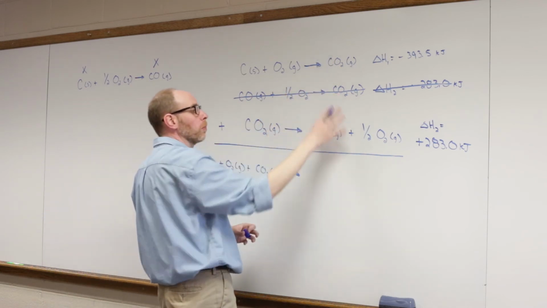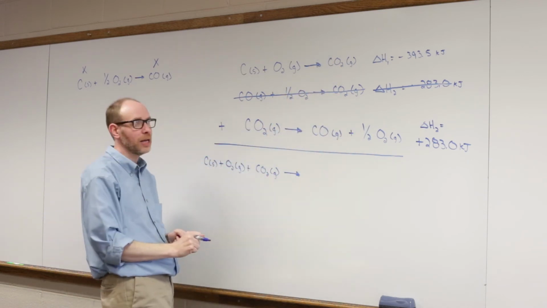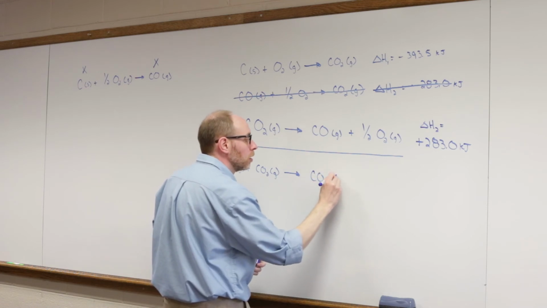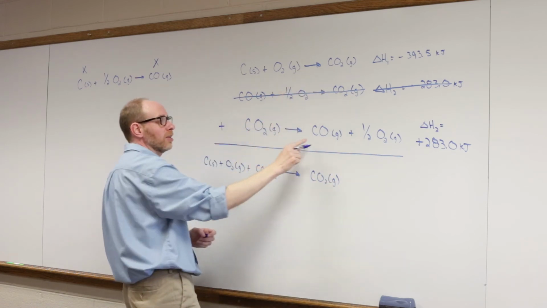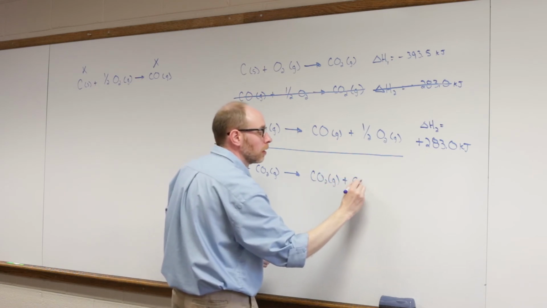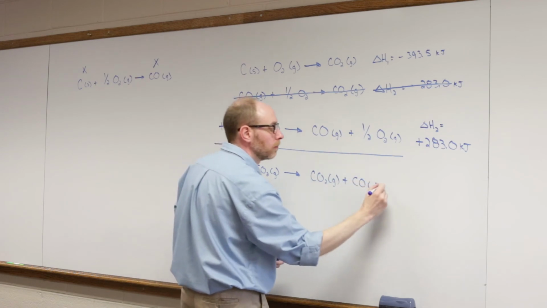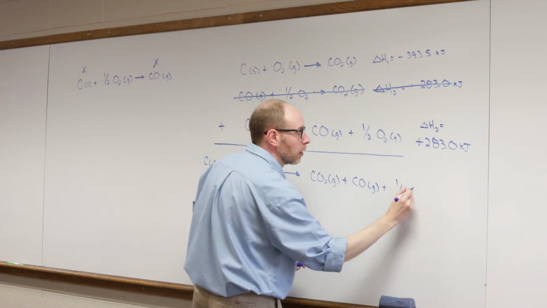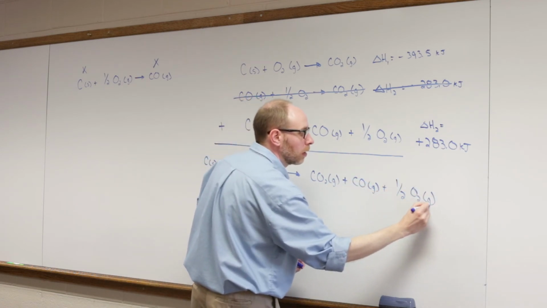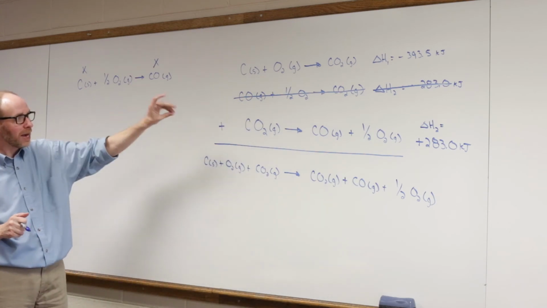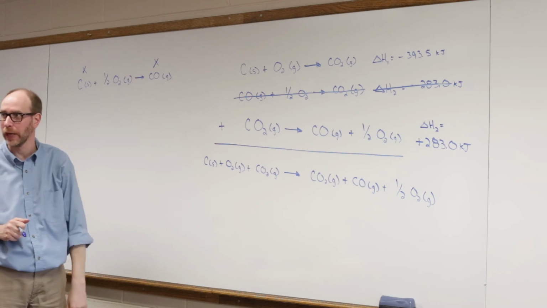We're going to take all the products, put them together on the right-hand side. Carbon dioxide as a gas, carbon monoxide as a gas, and 1/2 oxygen as a gas. So we've just added everything together. We've combined those 2 reactions.